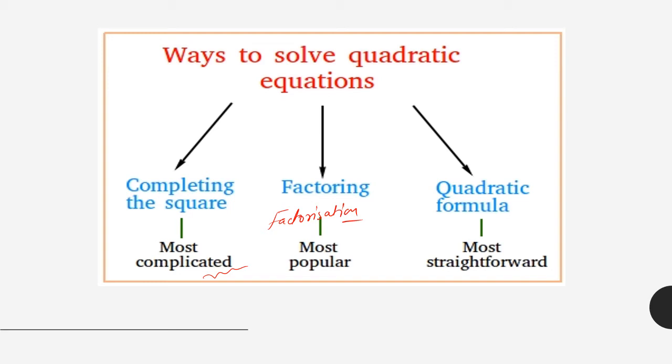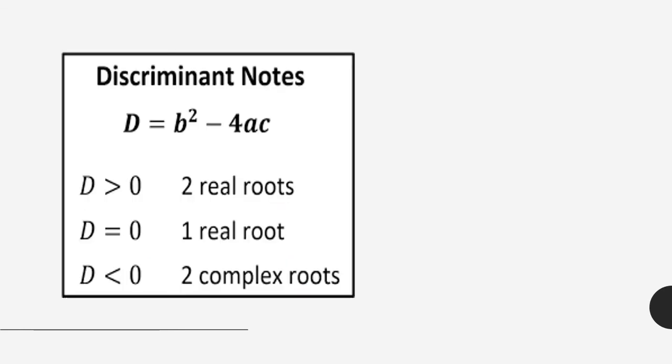The third one is the quadratic formula, and being a formula, it is the most straightforward. We just need to substitute the values of the constants a, b and c from the standard form into the formula, and we directly get the answer. So that is a straightforward and clear cut way to get the solutions.